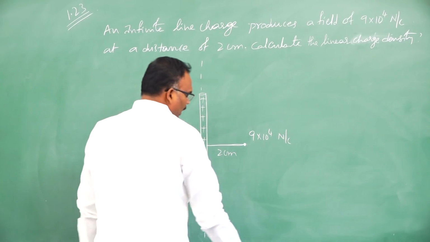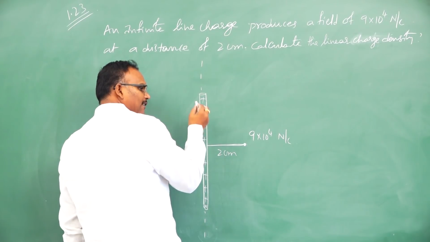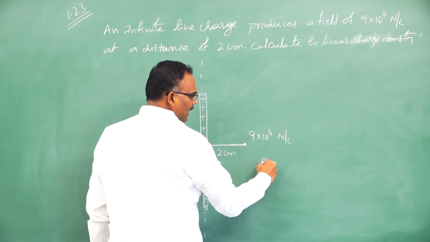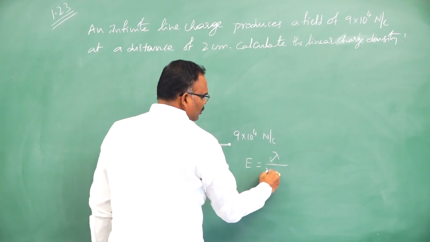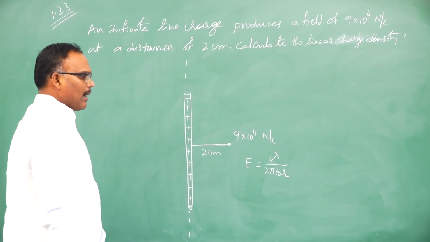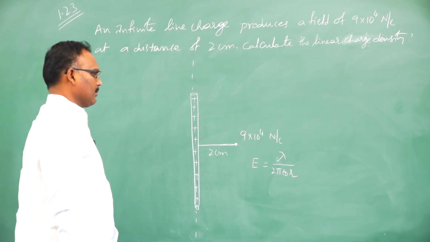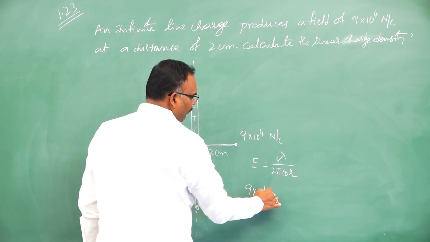We know electric field at any point due to linear charged conductor of infinite length, electric field E is equal to lambda by 2 pi epsilon naught r. Okay, so electric field is 9 into 10 to the power of 4.